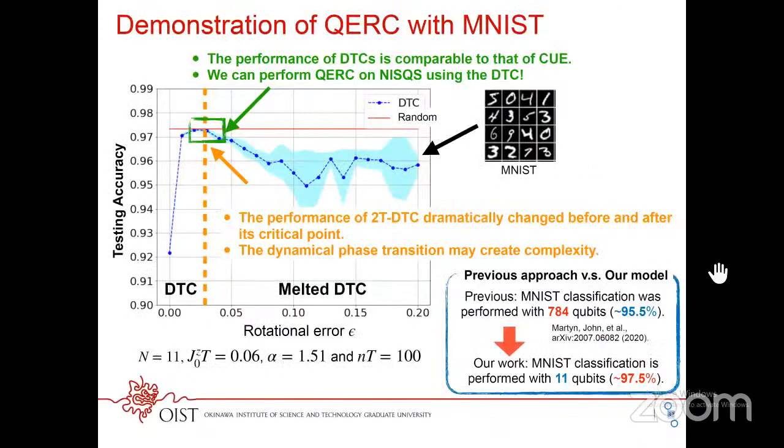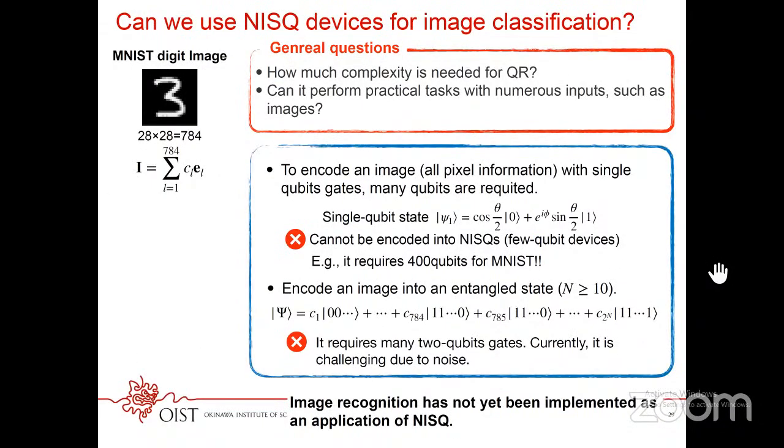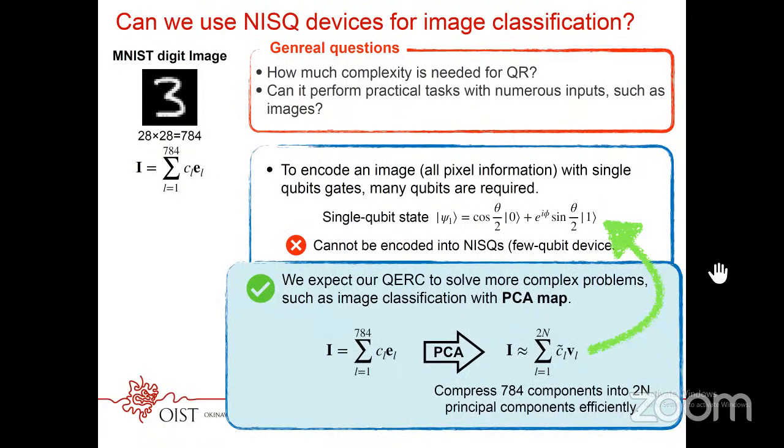Here, we have 784 pixels in MNIST, but we only pick up 2 times n, like in the even case. I don't think it scales with the number of pixels, even if we have 100 times 100 pixels, because for a classification task, I believe we don't need the full information of the images. Most parts are not necessary.